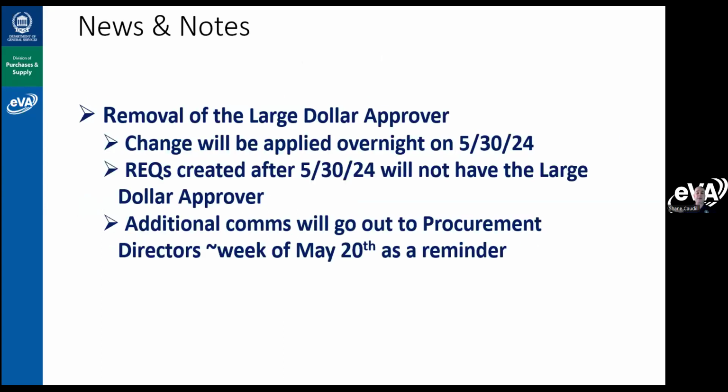News and notes. Talked about this in March. This is the big one. We've got it scheduled. It's live. Some of you could care less. Some of you could be very excited about this change, but I absolutely want to announce it. We've had for years here on the EVA team at DPS a large dollar approver that fires at 1 million and above.